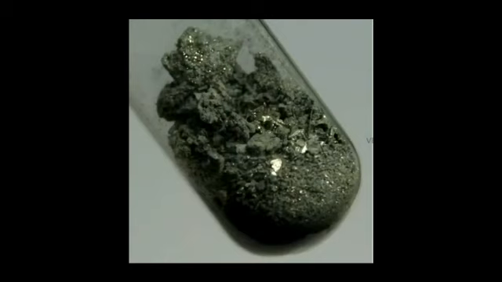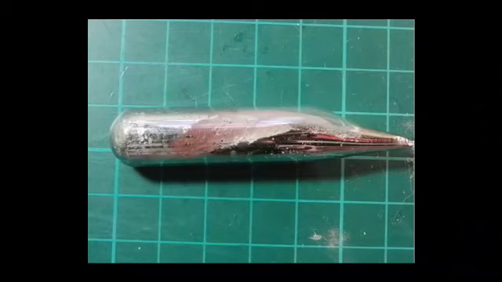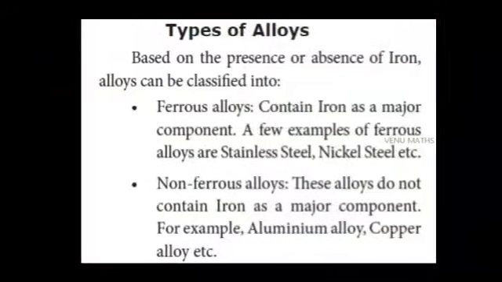In this method, metals will be finely powdered. When powdered metals are compressed, they will stick to each other. An example for this is wood metal. This alloy is a combination of lead, tin, bismuth and cadmium. So alloys are produced by these two methods.